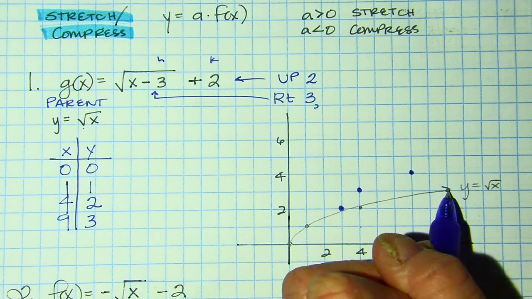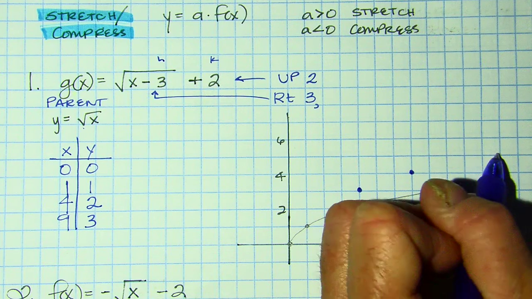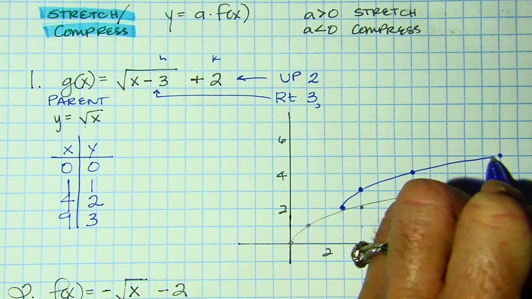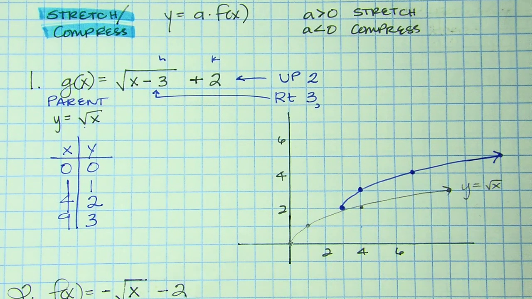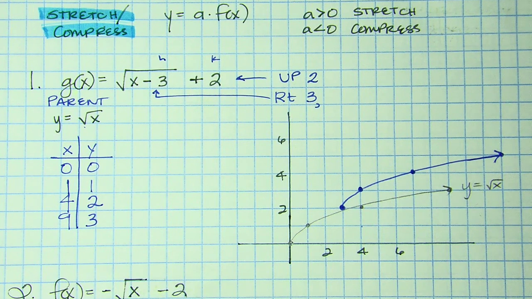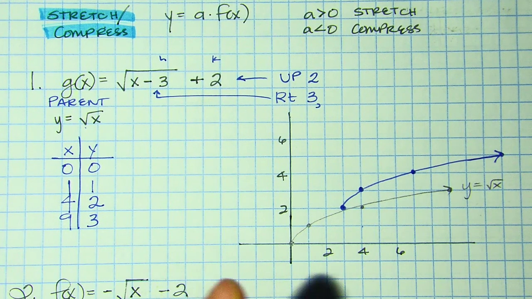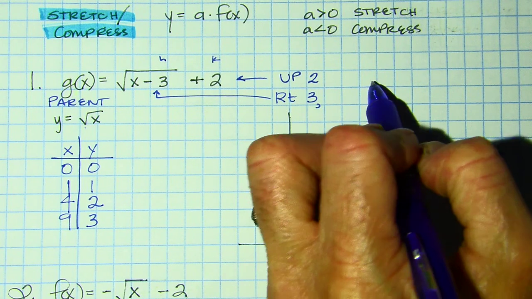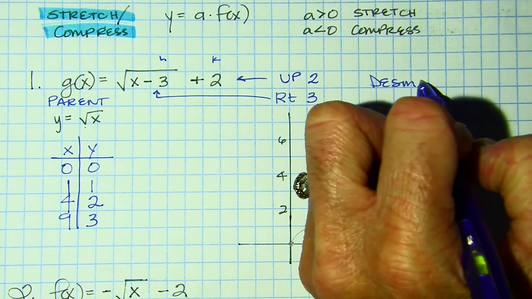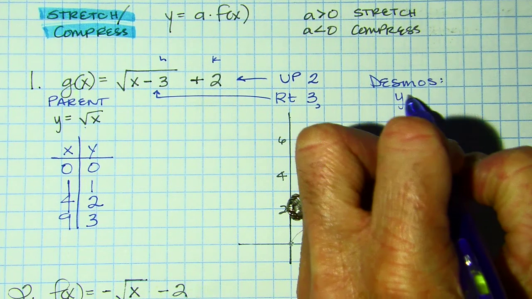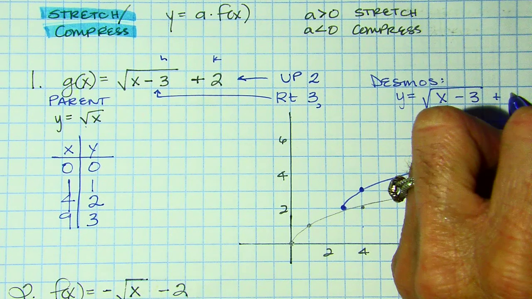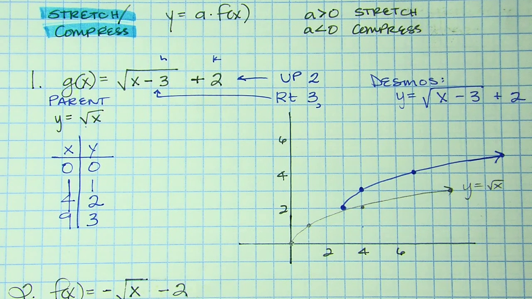And so now, here is my graph. Okay, so I used my parent function and then I transformed it. Now, you could check your work by going to Desmos and entering y equals the square root of x minus 3 and then out here plus 2. Okay, and you could verify our points.